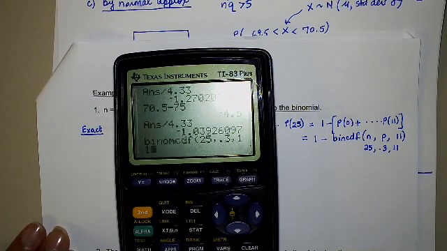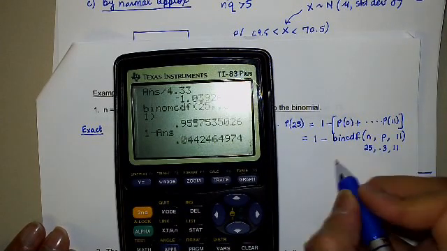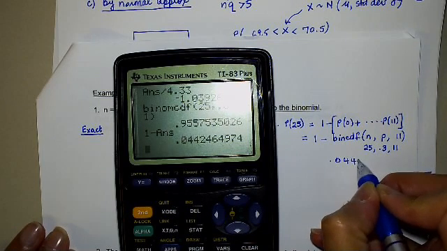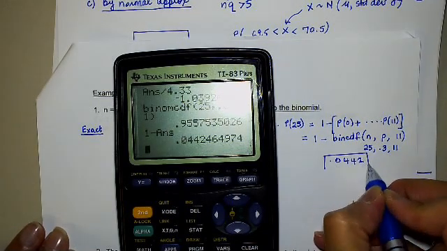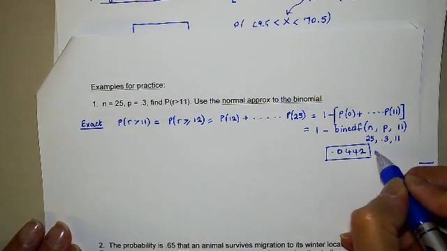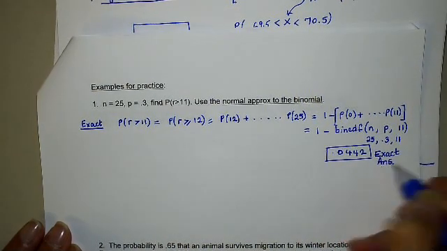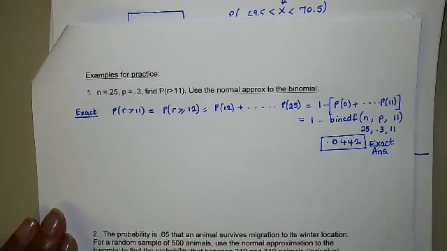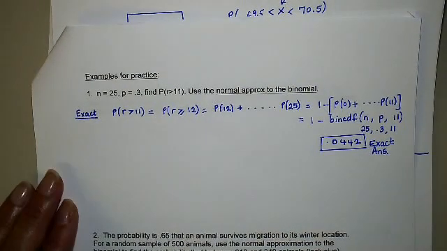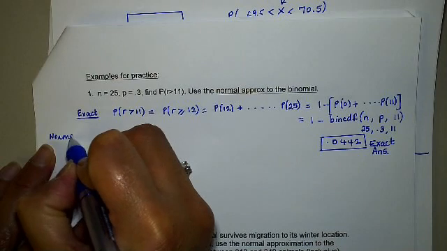Second distribution, binomial CDF of 25, comma 0.3, comma 11, and I want 1 minus that. So I got 0.0442. That's my exact answer.